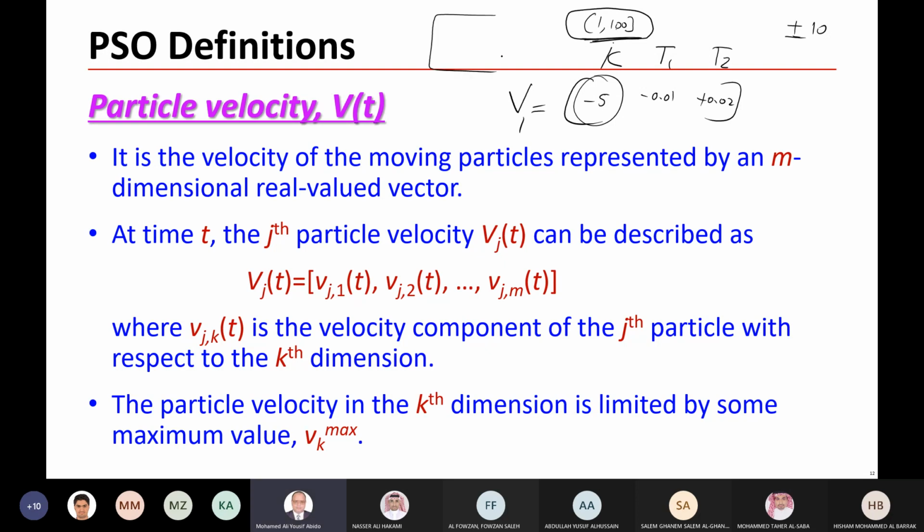For each particle in the search space, you are not allowing this velocity to make the particle jump to that one. Now this particle will move in limited steps. It can move here for the first one, and then it moves here, and you are limiting the movement of the particle.